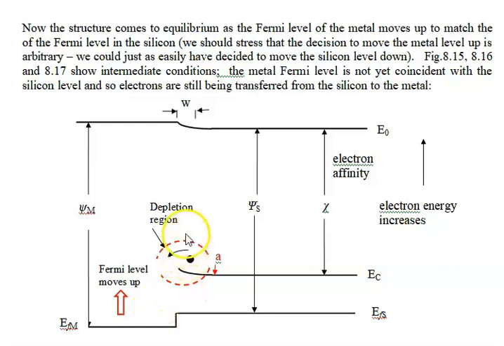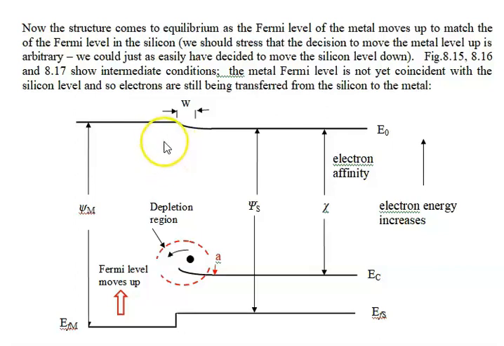And when that happens, the conduction band bends up and the free electron level bends up, and there is a region formed with band bending. In this case, the electric field is from right to left, which would move holes from right to left, and it would tend to oppose electrons moving from right to left.